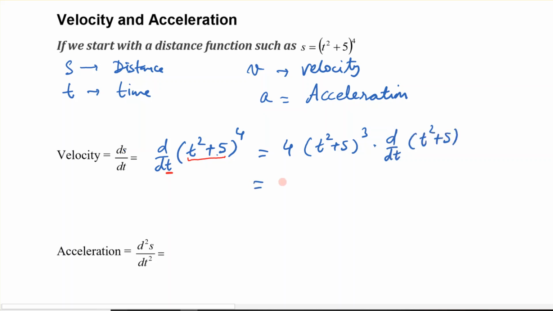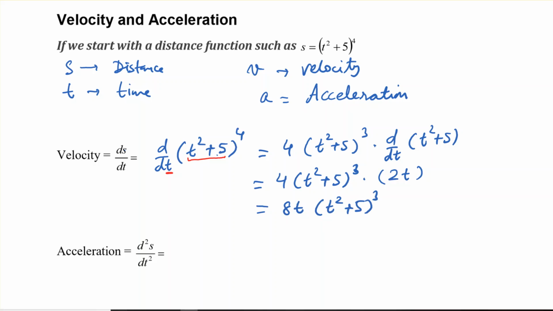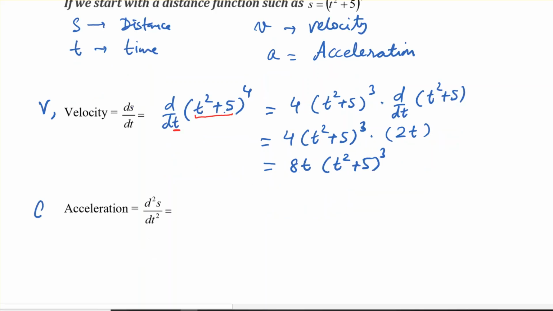So we get 4 times t square plus 5 cubed, and then the derivative of t square plus 5, which will be 2t plus 0, so only 2t. Overall, we get 8t times t square plus 5 whole thing raised to power 3. So this is our velocity function.